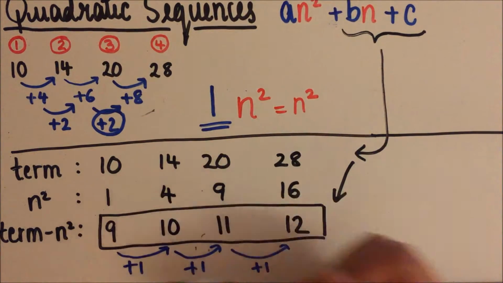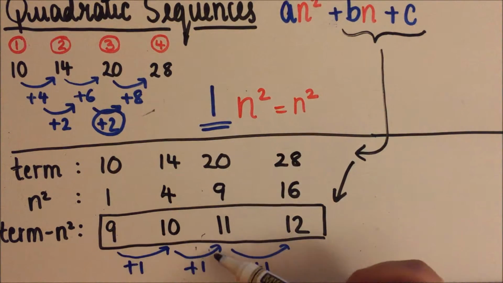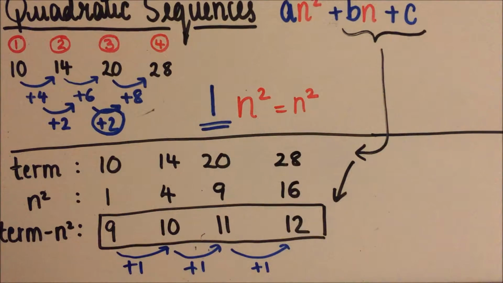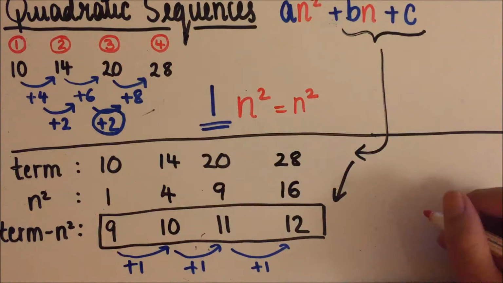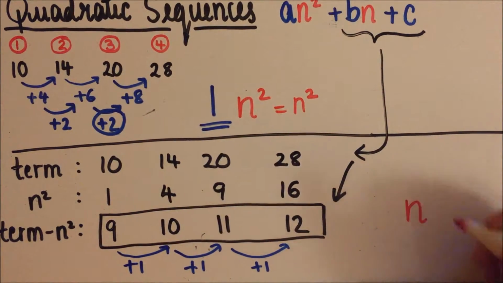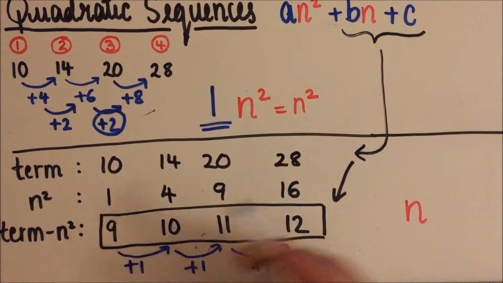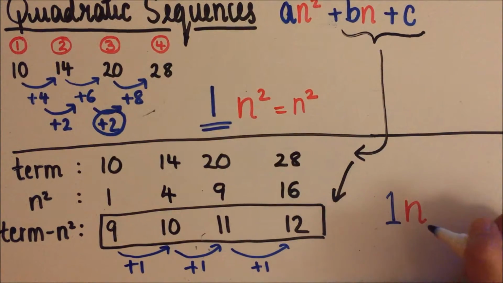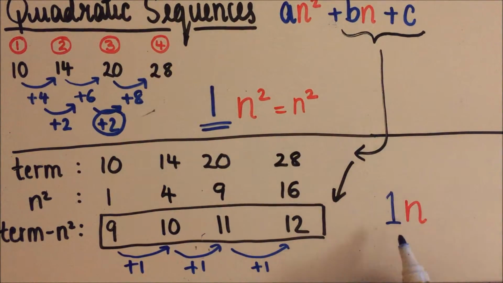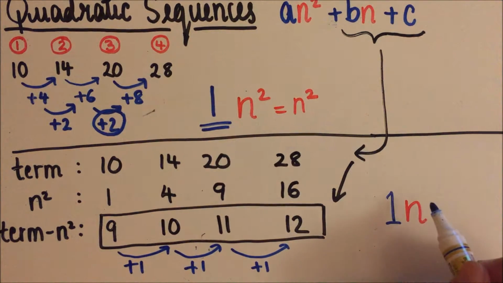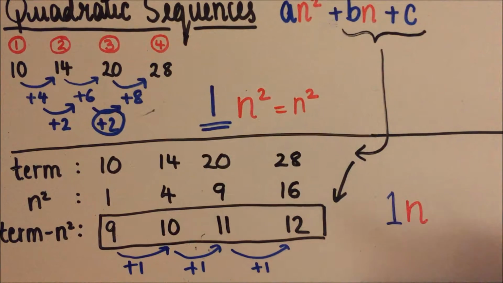So this is linear because you're adding 1 every single time, and you write down n, and whatever the difference is goes next to the n, and in this case it's 1, but writing 1n is the same as just a single n, okay?